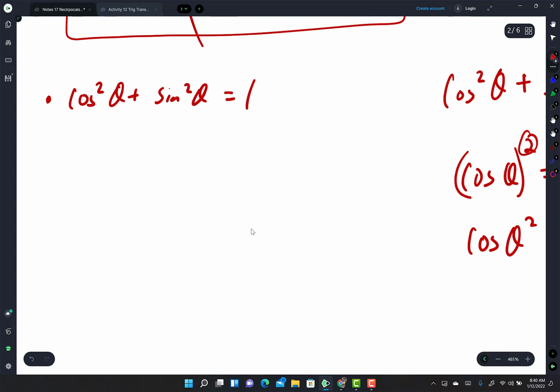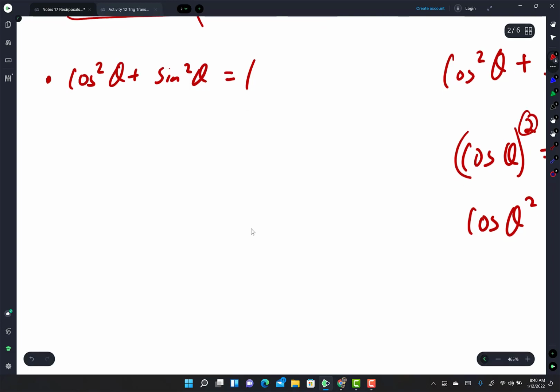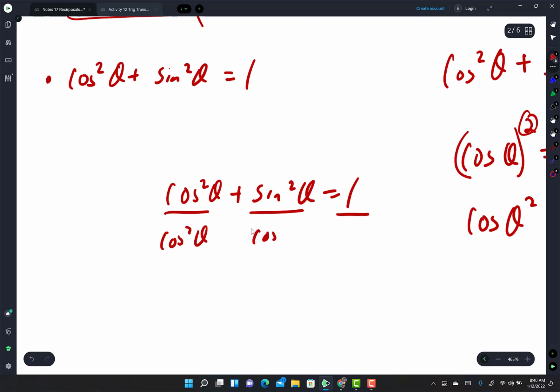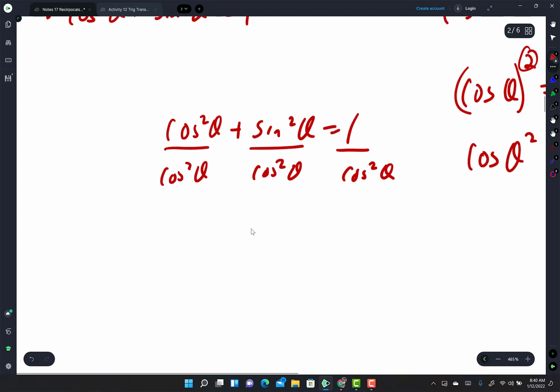So here we go. I'm going to take that cosine squared plus sine squared equals 1, and I'm going to divide all three terms by cosine squared. So I'm going to rewrite it again, guys, because I want to put all my important ones with the bullet. Cosine squared theta plus sine squared theta equals 1. And I'm going to divide all three of these by cosine squared. And I'm going to get a new identity. Cosine squared over cosine squared, that is 1, plus sine squared over cosine squared, what's sine over cosine?